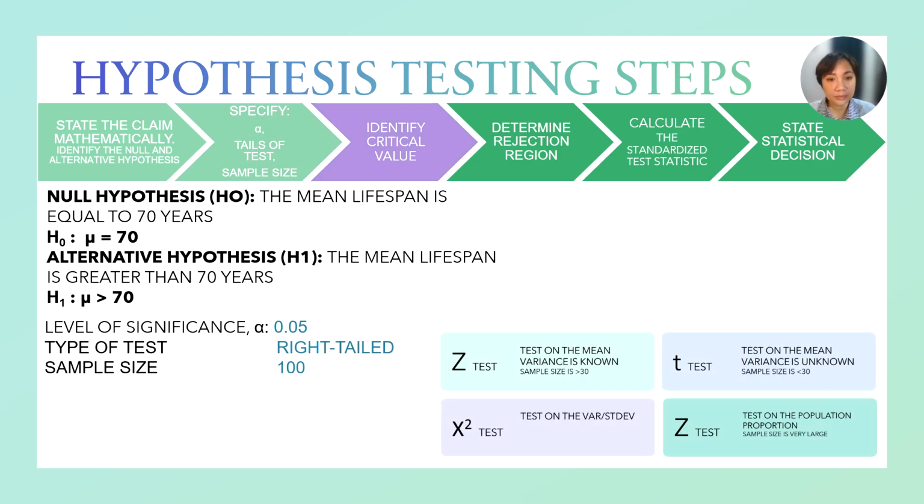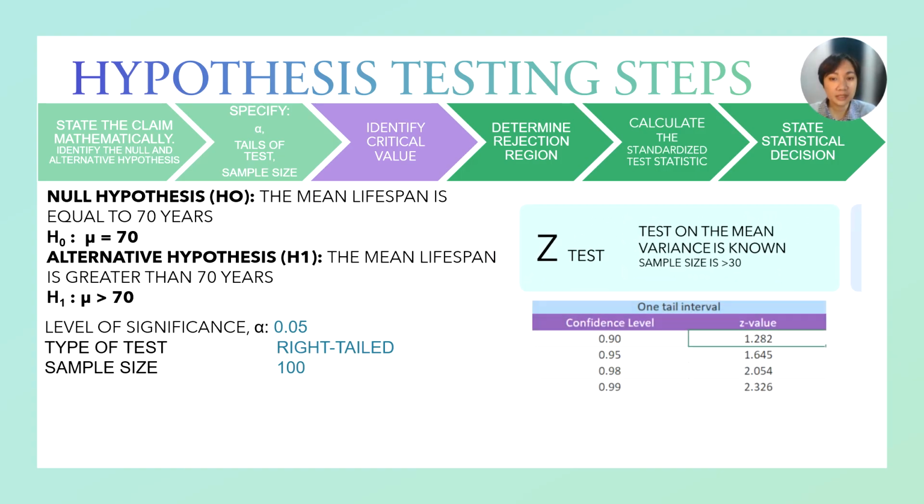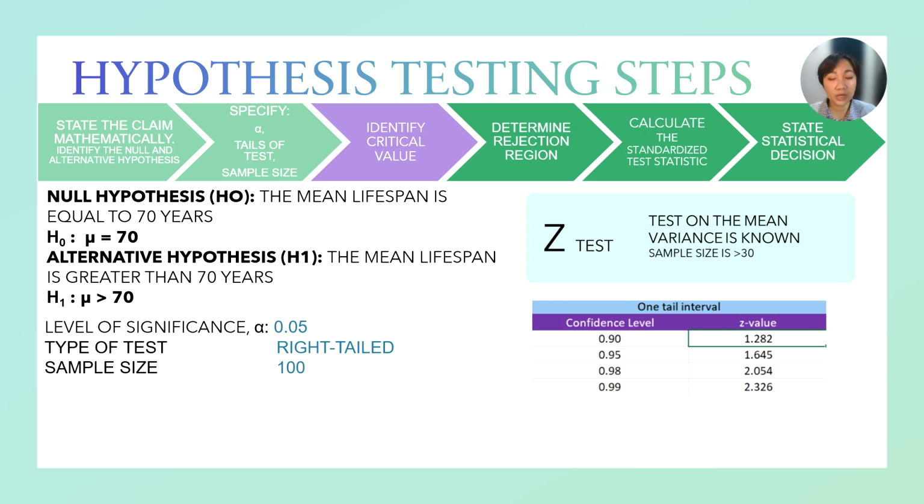The next step would be identifying the critical value. So according to step 1, the type of test that we're going to use is a z-test, right? And it's also one-tailed because it's just right-tailed. So we're going to look at the right-tailed table or the one-tail interval, and we're going to look at 0.05.